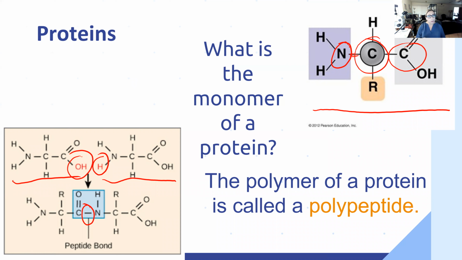So the polymer of a protein, many amino acids together, is a polypeptide. Remember, poly means many. Now that's in contrast to carbohydrates that have polysaccharide.